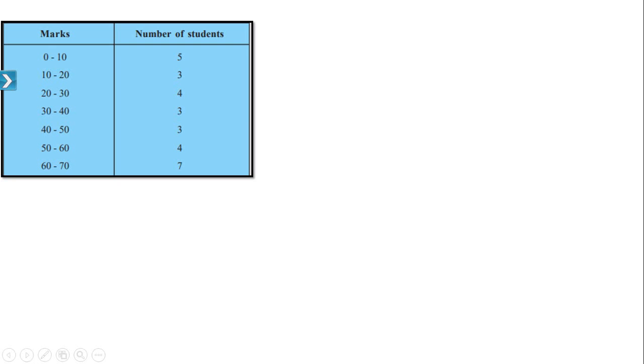Now, the first column is marks and the next column will be cumulative frequency, and the third column is ordered pair of lower limit with their corresponding cumulative frequencies. Now, we want more than type cumulative frequency distribution table.